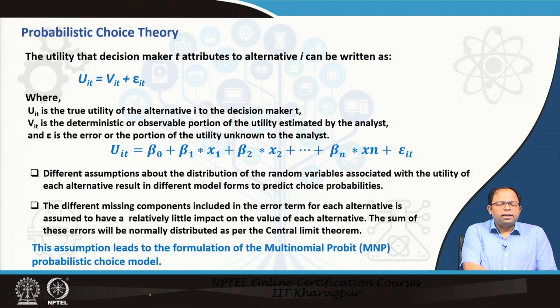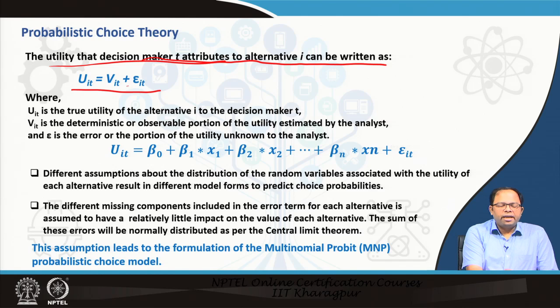where we say that the utility that decision maker T attributes to alternative I can be written as UIT is equal to VIT plus an error term. UIT is the true utility of alternative I to the decision maker T, and VIT is the deterministic or observable portion of the utility.